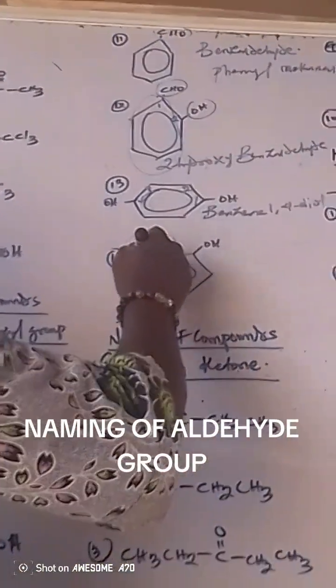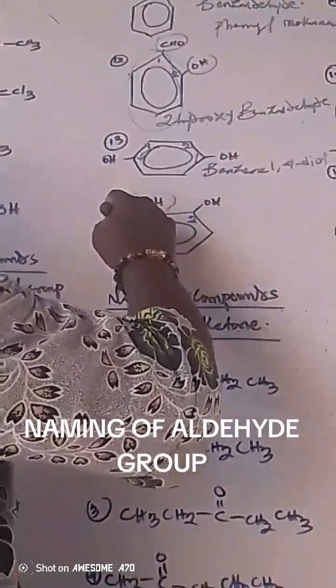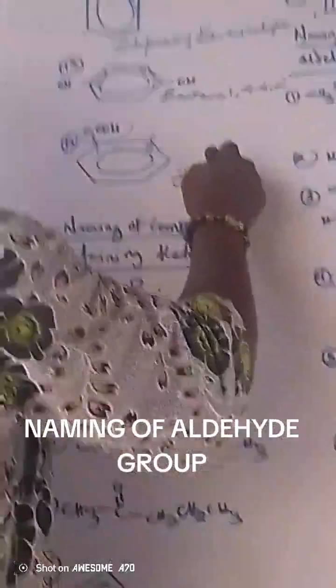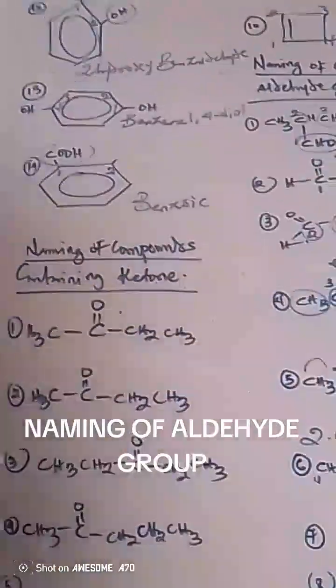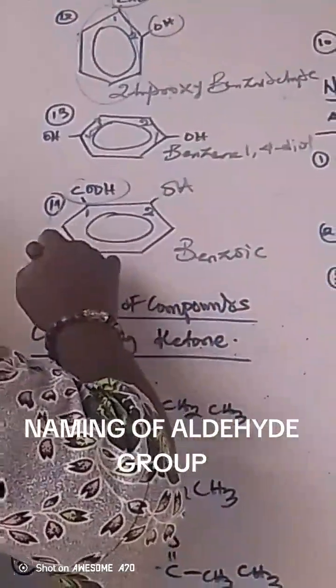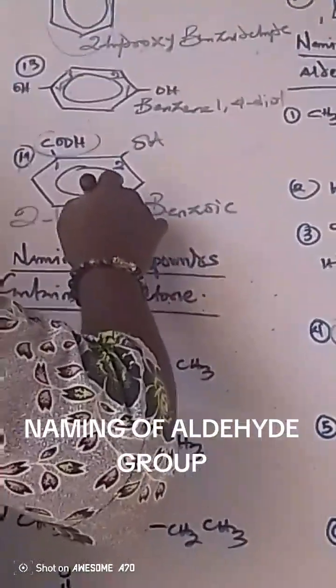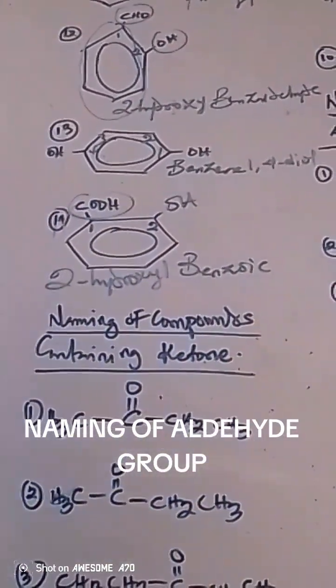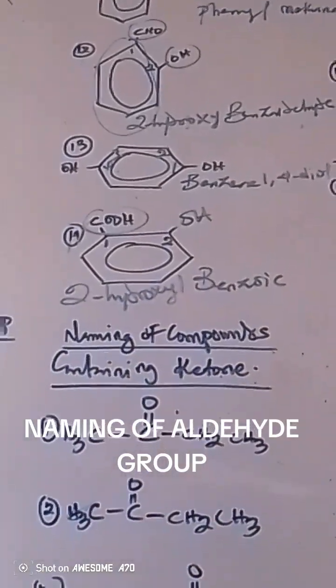This is 1 and 2. Because assuming this OH is not there, the name is called benzoic acid. But because of this OH, we now decide to call it 2-hydroxybenzoic acid.